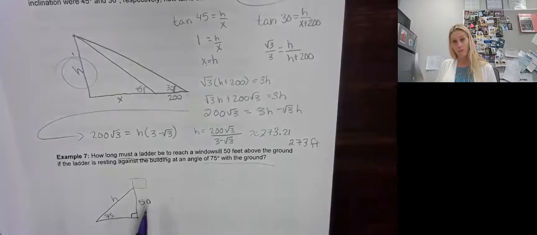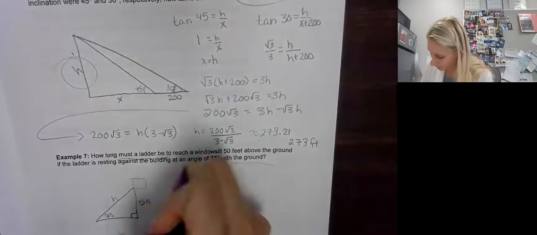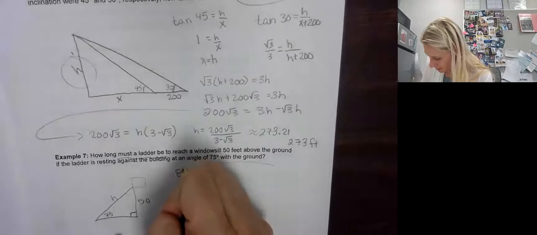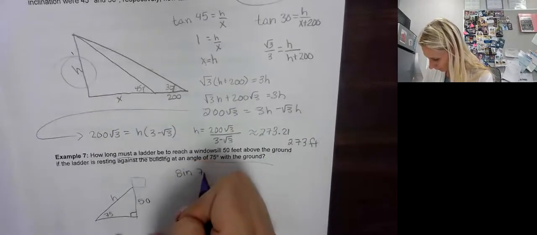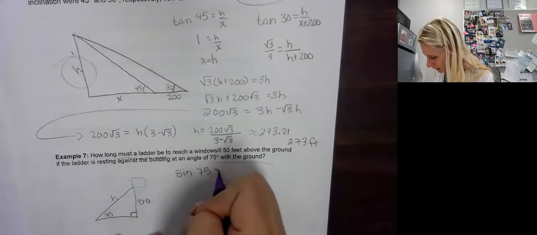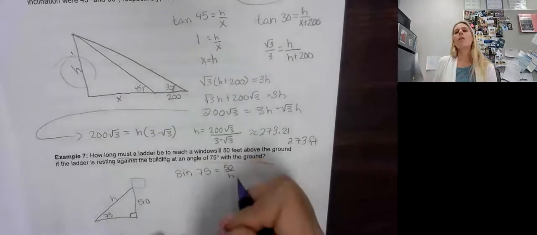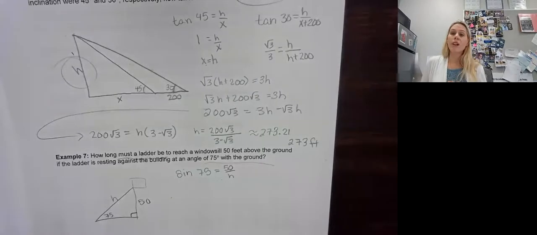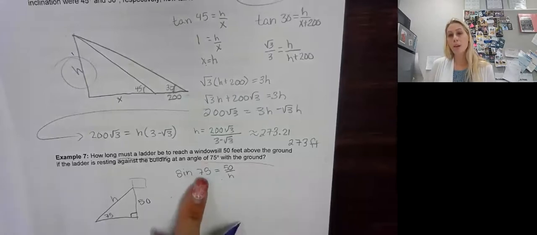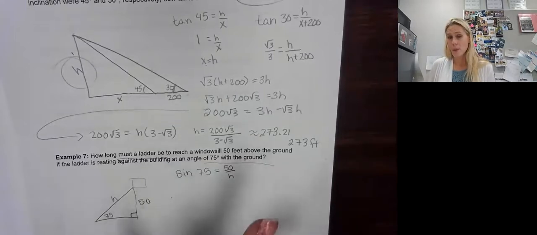Okay, so it looks like we have opposite and hypotenuse. So that's sine. Sine of 75 equals 50 over h. Now, one of the things that's very, very important is do not start rounding in the middle of your problem. Okay, so this, we don't know this by heart, right? We have to use our calculator for this. But if you plug sine of 75 in there right now, you would get a decimal.